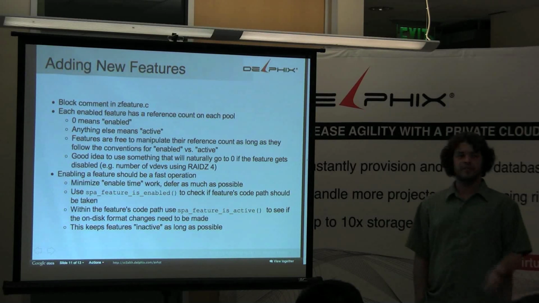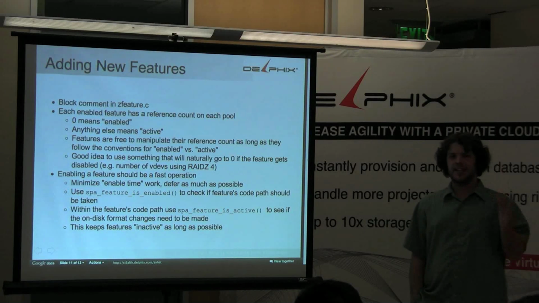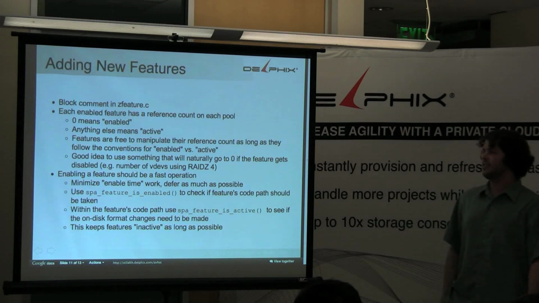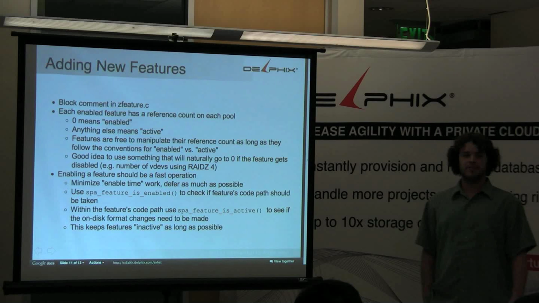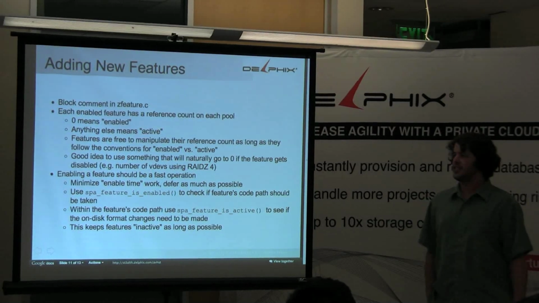And it's up to the feature what they want to do with this. We envision that as, when you do the data set thing, you count the number of data sets. That way you don't have to go searching every time you destroy one to see if there are any others left over, to see if you should deactivate the feature. So hopefully this can catch most cases where you design your feature so that this count naturally goes to 0 when the feature gets deactivated.